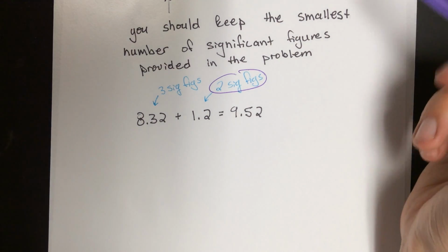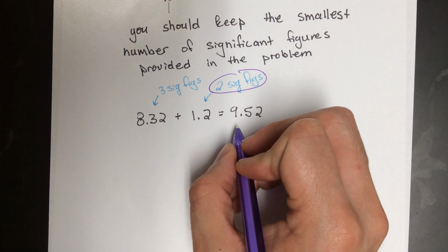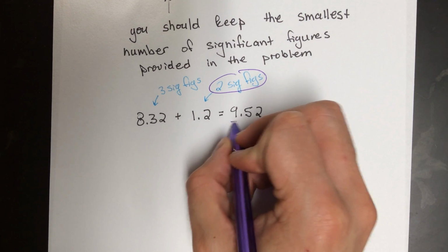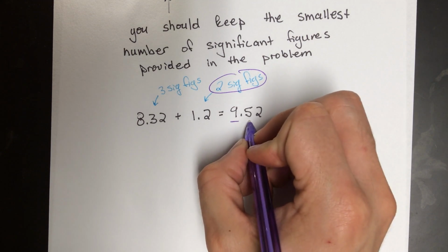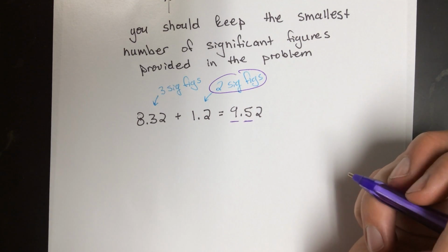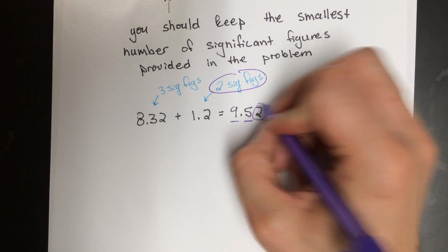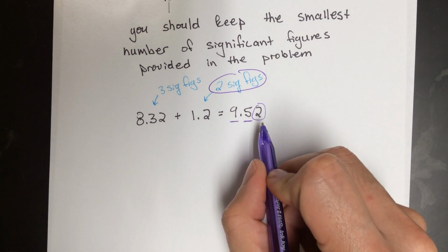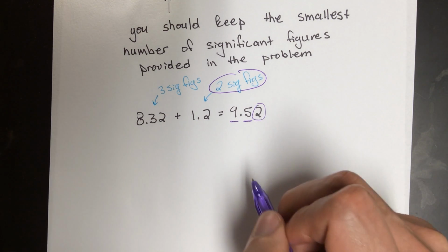And since 2 is the smaller number, we are going to need to round our answer so that it has 2 significant figures. Just like in normal rounding, I'm going to start with my largest digit, my leftmost digit, in this case 9. It is going to be significant. My next significant digit is going to be 5, and then I need to decide how to round. I'm going to base that decision off of the digit that I am not including in my final answer, the next digit.